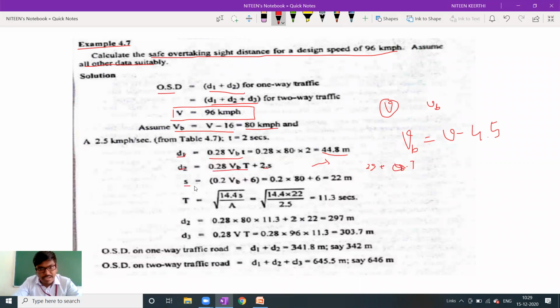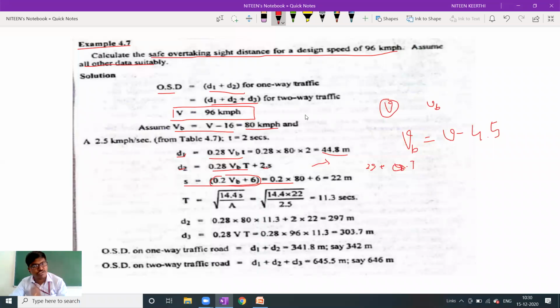Again, determine the S value using capital VB, and whenever you take capital VB, the empirical formula changes, that is 0.2 capital VB plus 6. See, in the first example V was in meter per second. In this example, V is in kilometer per hour. That is the difference. To understand it, I am explaining this also.